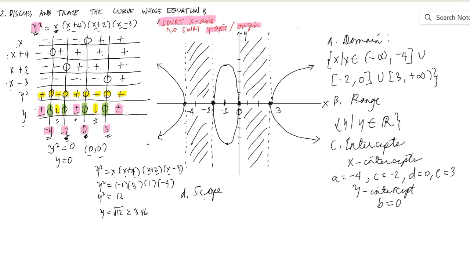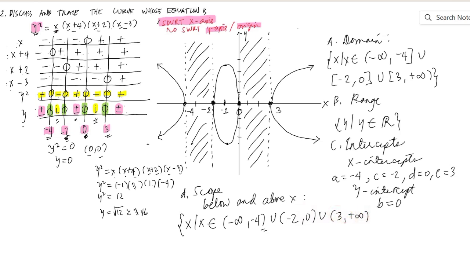So for the scope, since this is symmetrical with respect to the x-axis, both below and above our x-axis, our curve has the graph from any value of x such that x is an element of the set from the negative infinity up to negative 4, not included of course is negative 4 because that is our x-intercept, union of the set from negative 2 to 0, union of the set from 3 to the positive infinity.